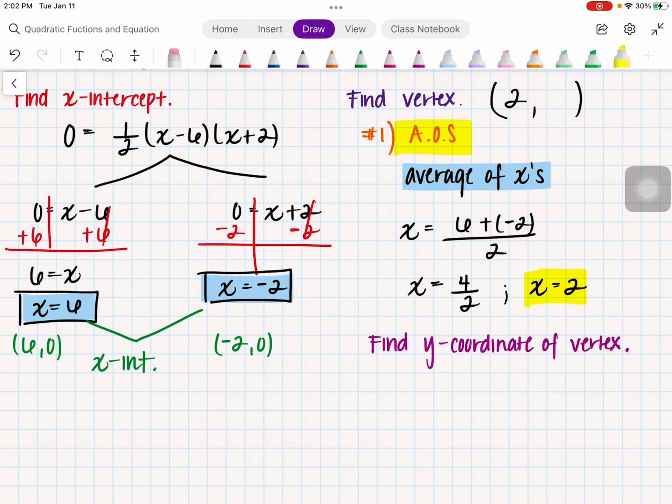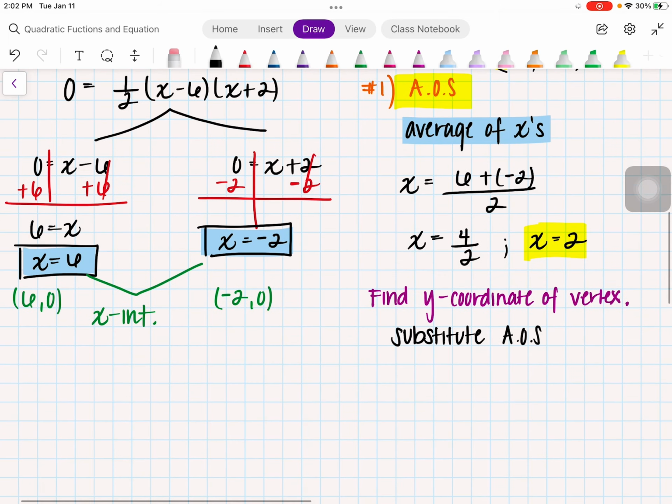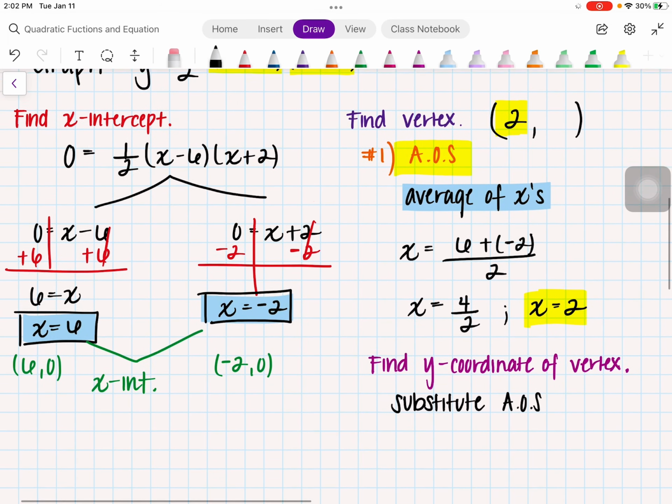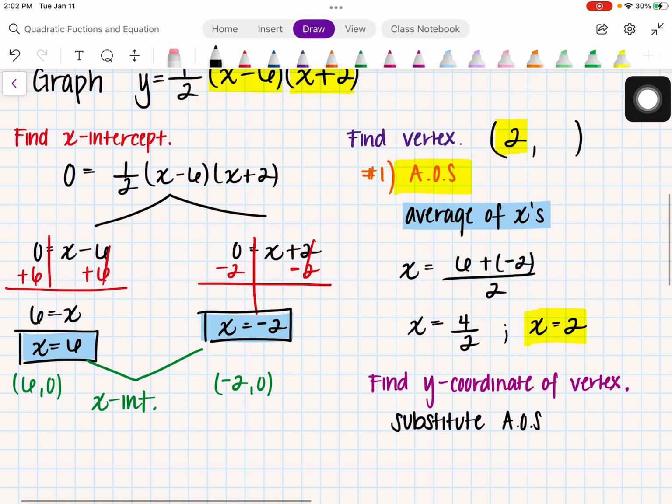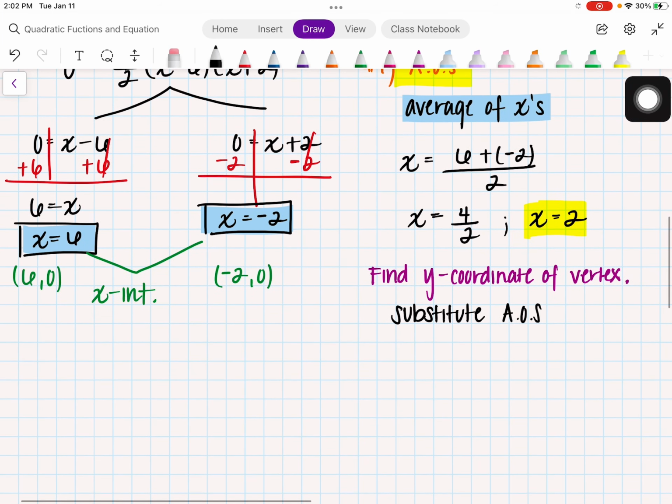Because we found our axis of symmetry in this case to be 2, it's also the same value as the x in the vertex. So we have to substitute the axis of symmetry into our original equation, which is the one we have up here. So let me just write it down.